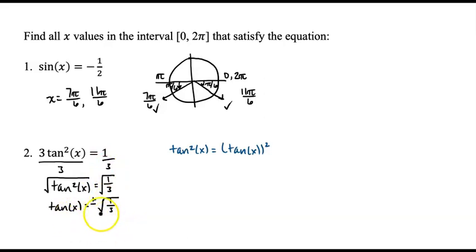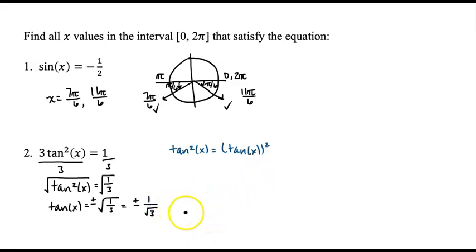So we have tangent of x equals positive or negative square root of 1/3. And I can rewrite this as the square root of, because when I take the square root of a fraction, I'm really taking the square root of the numerator and the square root of the denominator. Now the square root of 1 is just 1, so I can rewrite this as a positive or negative 1 over the square root of 3.